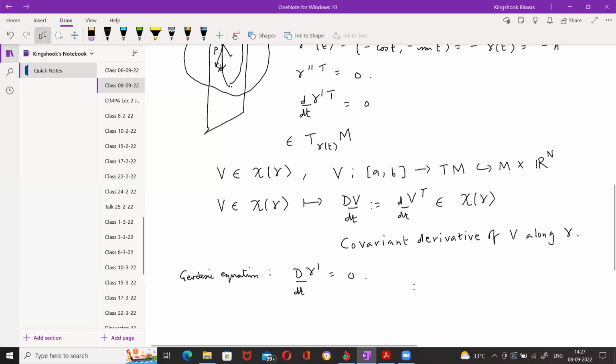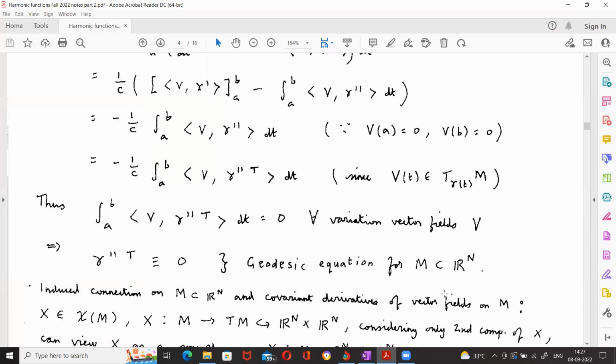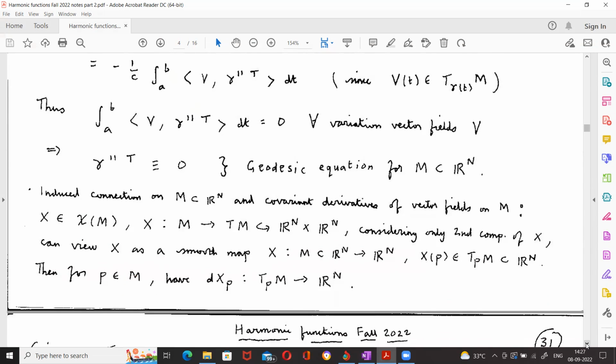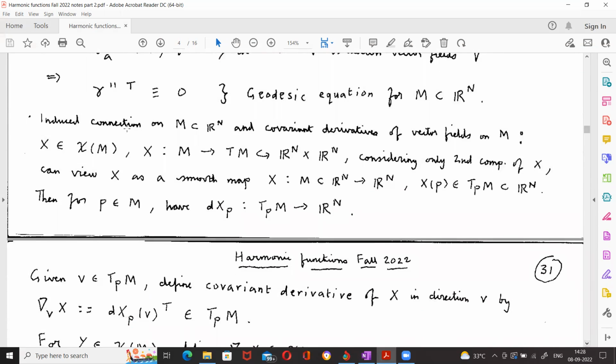So now let's come to the covariant derivative of vector fields on M. We do something similar to what we did for a vector field along a curve. So suppose X is a vector field on M. So X is a map from M to TM, which again we are identifying with a subspace of Rn cross Rn.